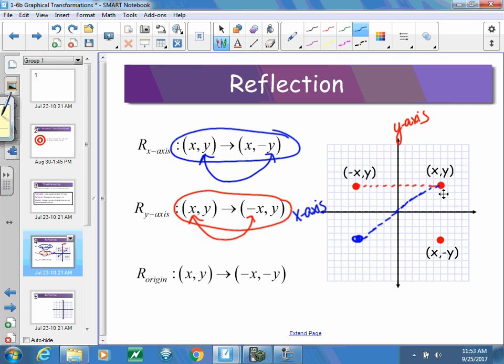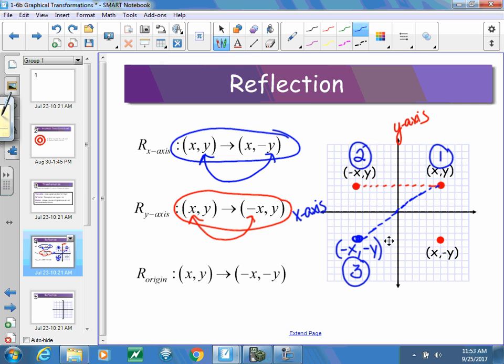And so, for example, if I reflect over my y-axis first, so I'm starting here, reflected over my y-axis, which puts me right here, and now I reflect that over my x-axis, which puts me down here. If I take the coordinate negative x, y and I reflect that over my x-axis, the x will stay the same, the y is going to become negative, so I get negative x, negative y.